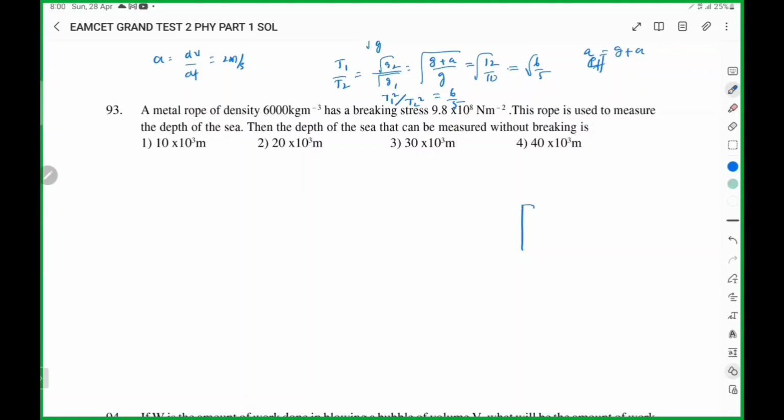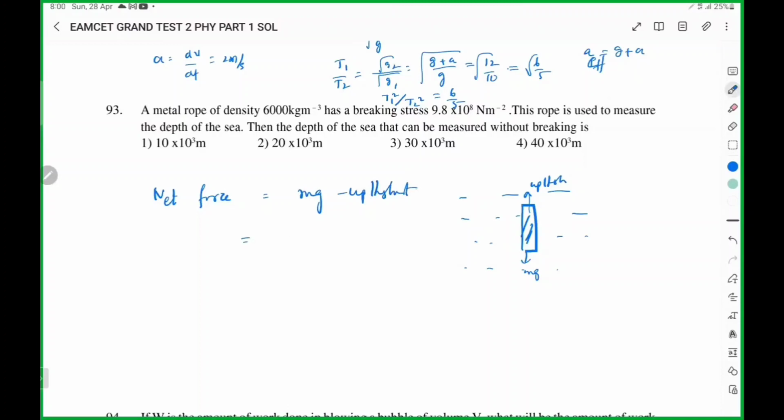Once the rope is completely immersed in sea water, the forces acting on it will be mg and upthrust. The net force acting on it will be mg minus upthrust.